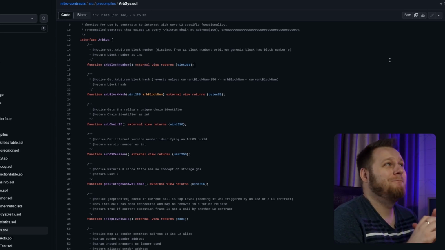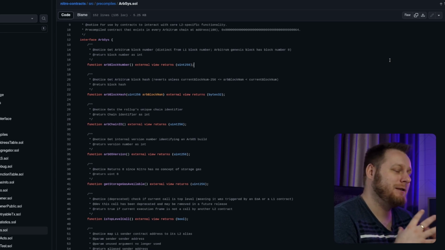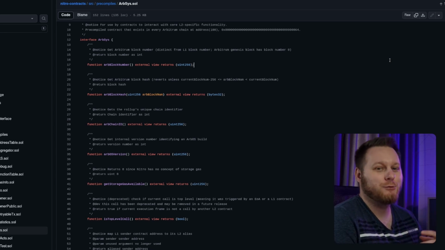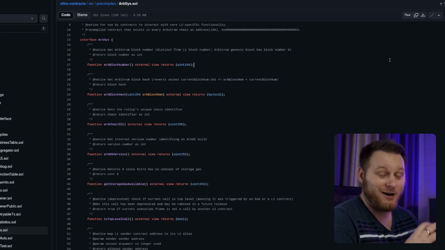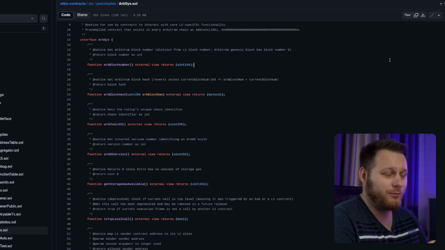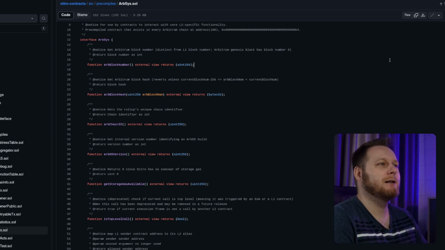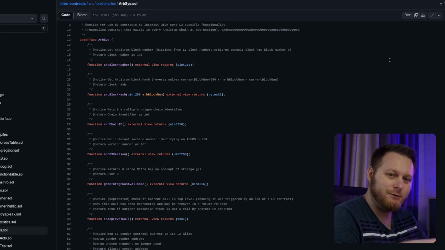And of course, basically every layer 2 that is EVM equivalent is not really EVM equivalent 100%, because they introduce some different logic, different precompiles, sometimes even pre-deploys. The difference between precompile and pre-deploy is that the precompile is compiled into the node.